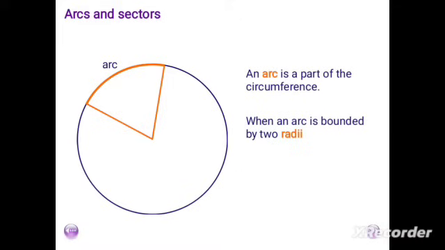Then when an arc is bounded by two radii, a sector is formed. As you can see, the region painted orange forms our sector, and it is bounded by two radii.